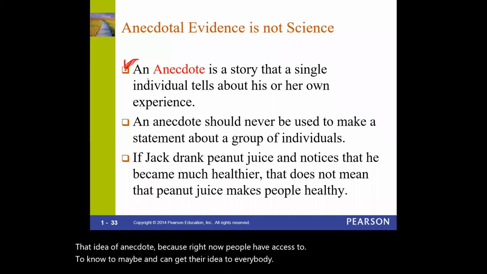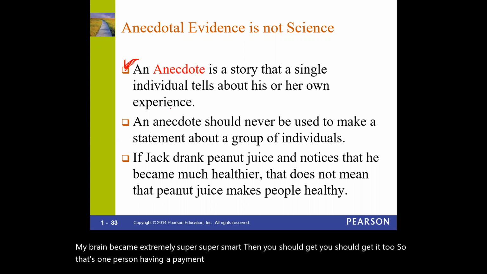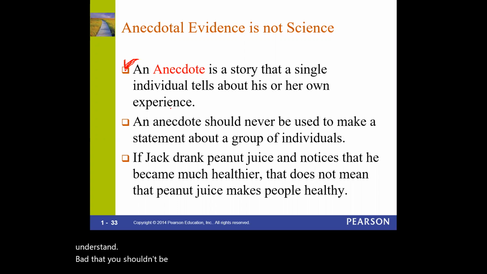They say, for example, I drank this specific juice, and my brain became extremely smart, so you should get it too. That's one person having a specific experience with that specific drink. It shouldn't be applied to everybody else. That's what we call an anecdote.